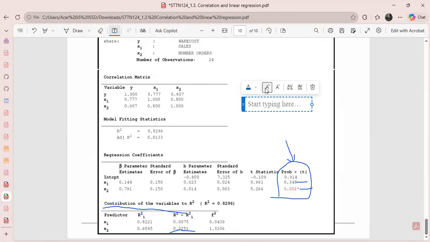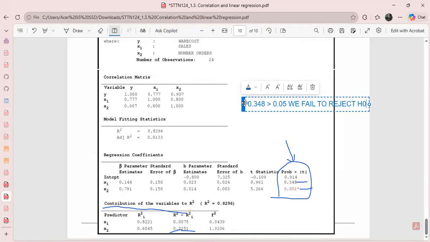So is 0.348 less than 0.05? No. 0.348 is above 0.05. What do we do? We fail to reject H0.